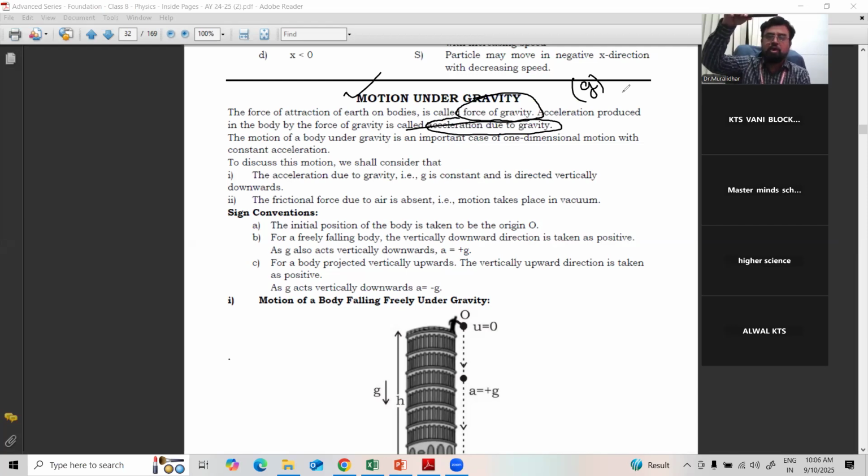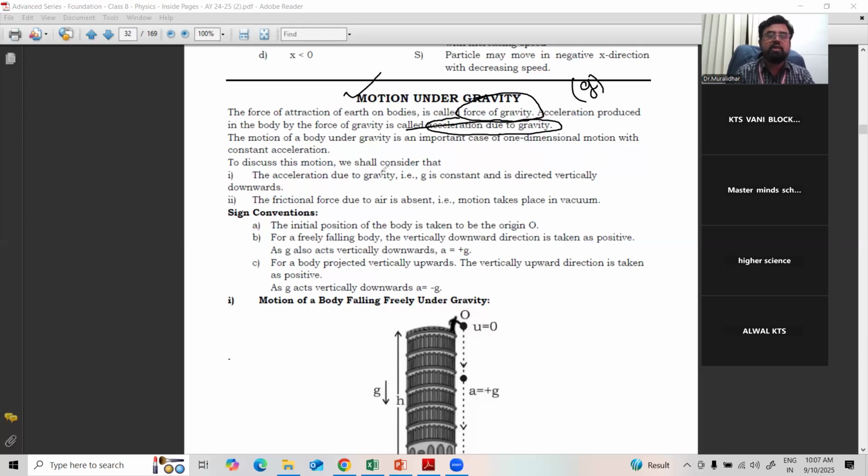Suppose when you are dropping the body, it has zero velocity in my hand. But when you drop it, it accelerates, increases its speed and touches the ground with the help of the pull of the earth. That acceleration produced by the pull of the earth is called acceleration due to gravity, denoted by small g.